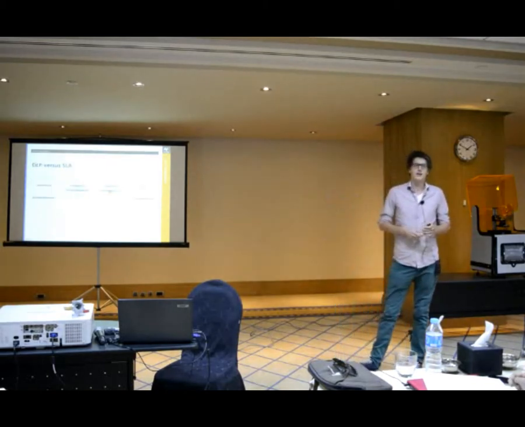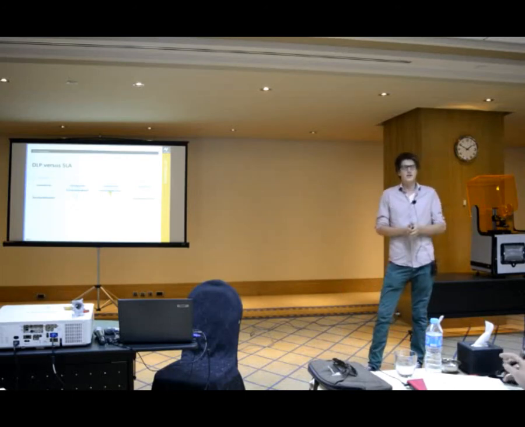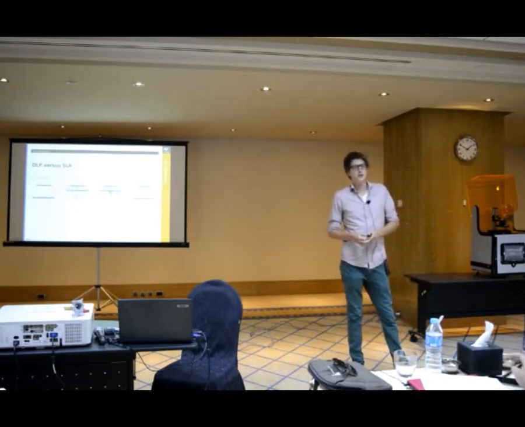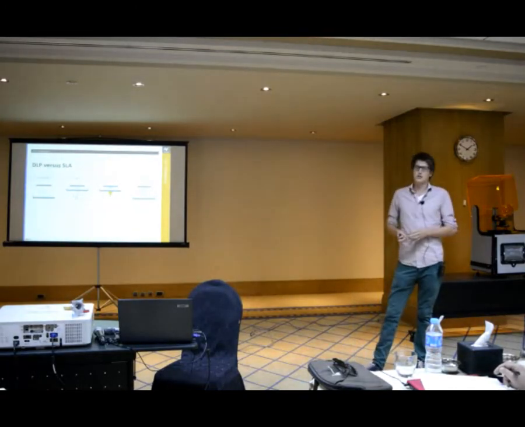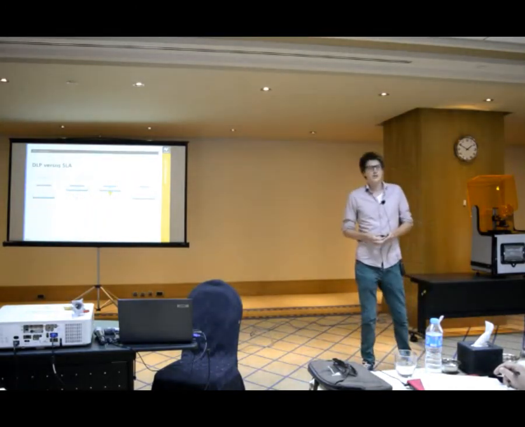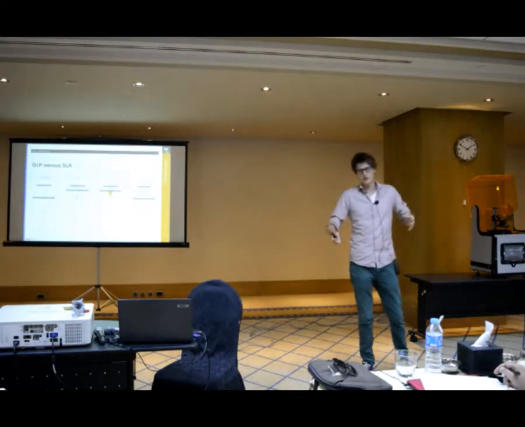So first of all, the DLP versus SLA. SLA is a laser-based 3D printing device, and DLP is, as I said, a digital light processing 3D printer. And they have similarities, but they also have differences.